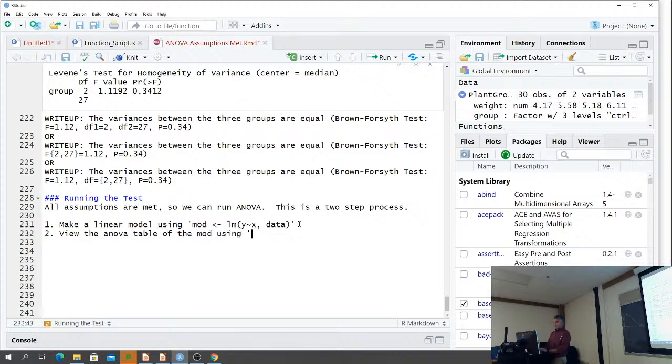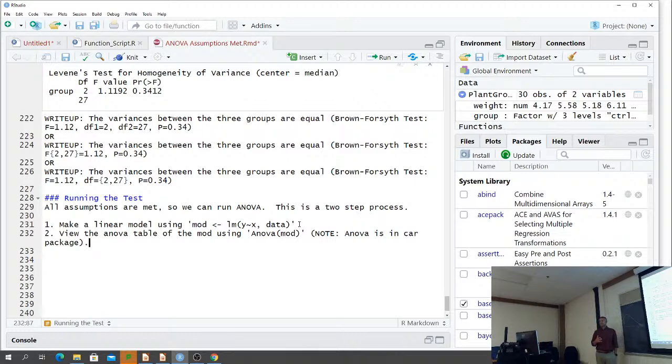So it'll create this model, and then once we have that model, view the ANOVA table of the model using Anova(mod). And note, capital Anova is in the car package. There's also a lowercase anova, which will work.